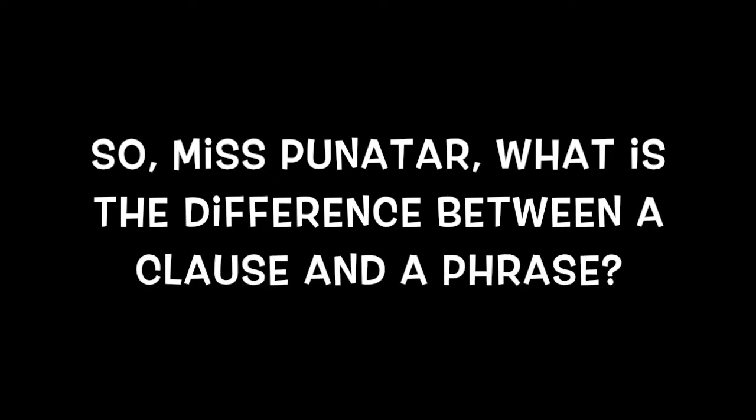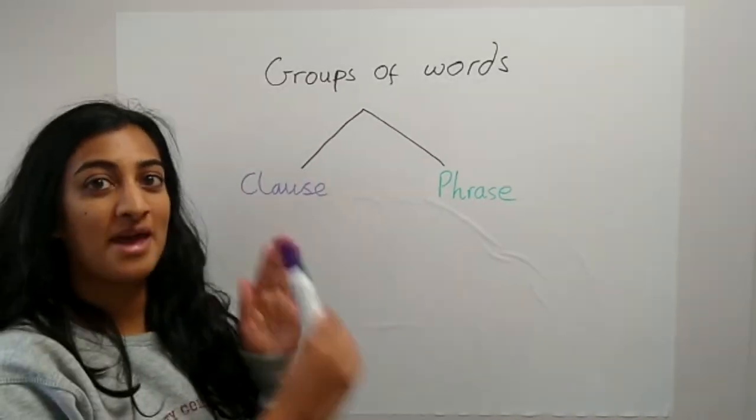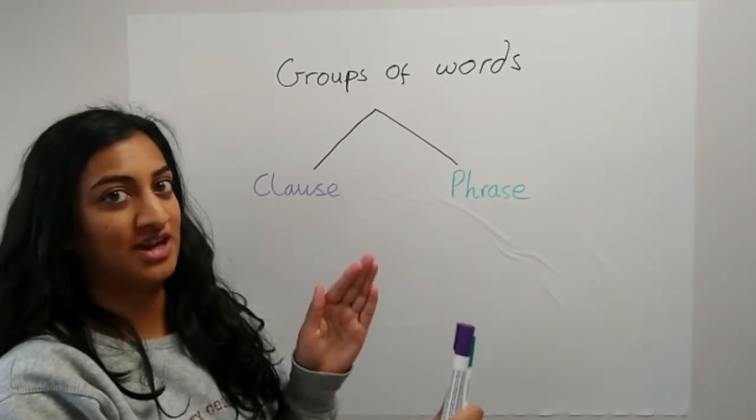really nice sentence. Sometimes you have groups of words that come together that don't make a whole sentence. They actually make something called a clause or a phrase. So, Miss Panata, what is the difference between a clause and a phrase? When you have a group of words, there are two main types of groups of words that you can have.